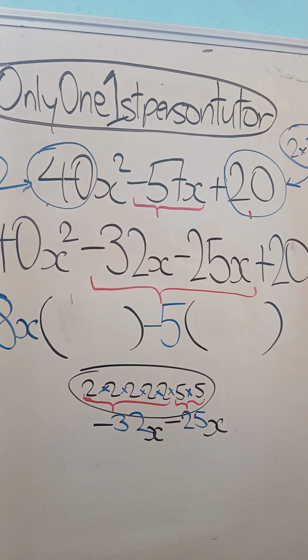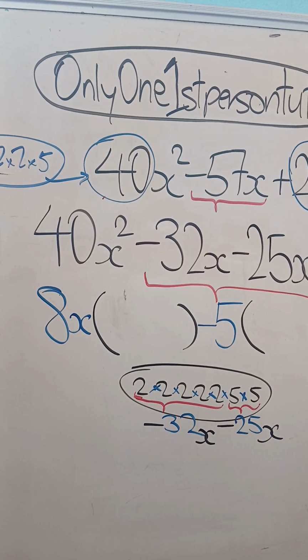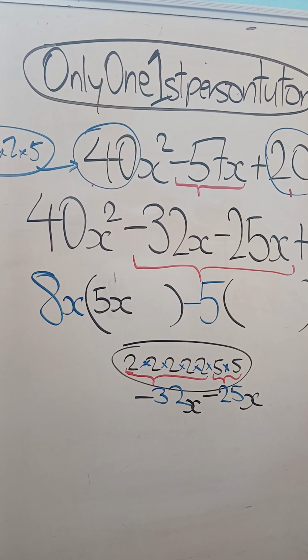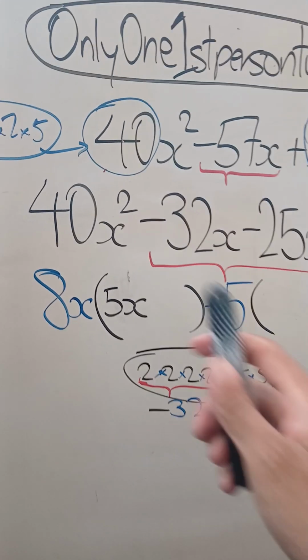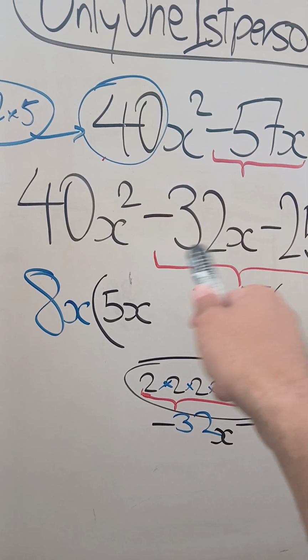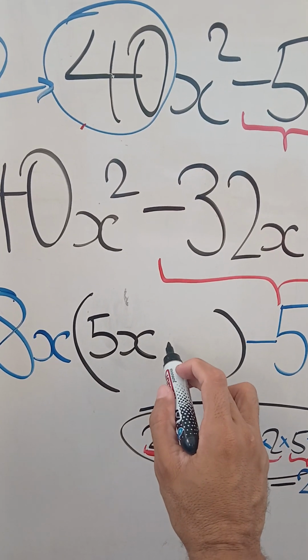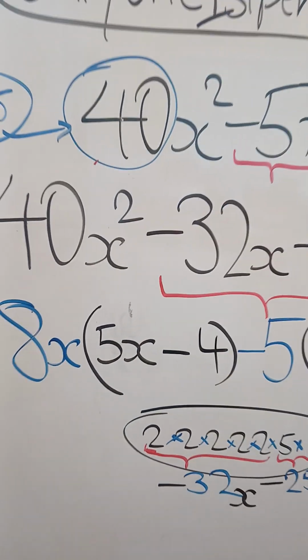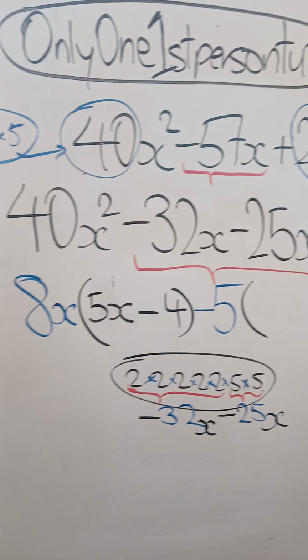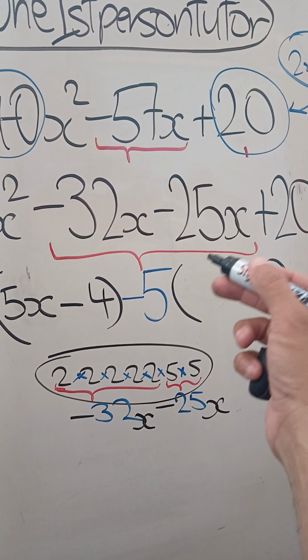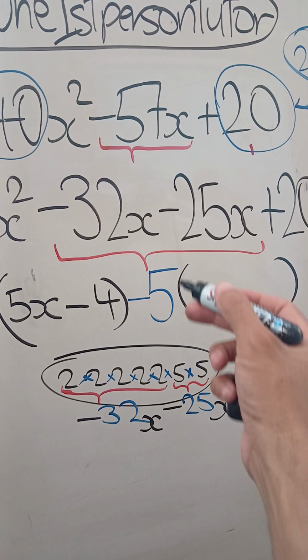So how do we get what goes in the bracket? Well, you can just divide 40x squared by 8x, leaving you with 5x. And of course, well, you divide minus 32x by 8x, you're left with a minus 4. Now let's go over here and explore. We divide minus 25x by minus 5.